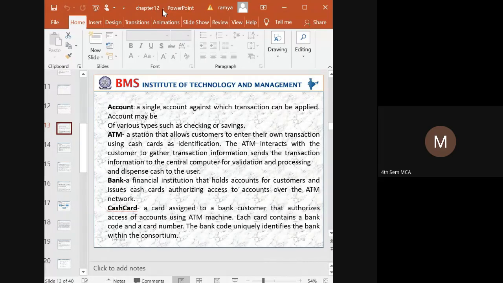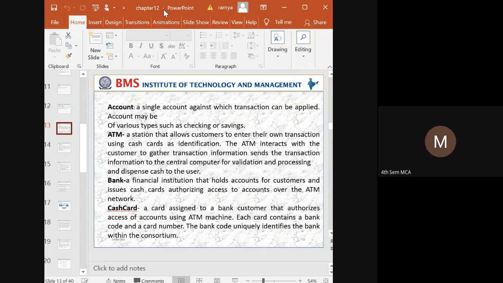Next thing is a bank. When we are using the bank as a modeling element, it is a financial institution which holds all the customer accounts, where the customer is provided the facility to make a deposit, to withdraw cash, or to make any other transaction. Next is a cash card.